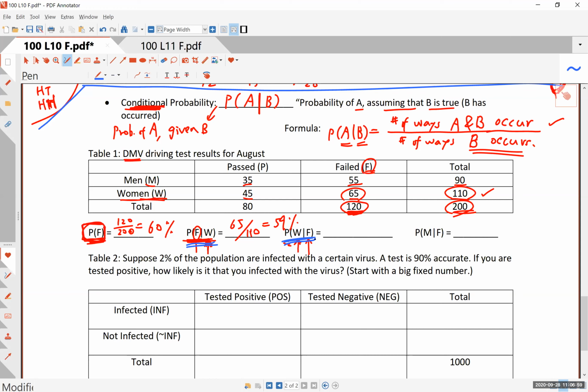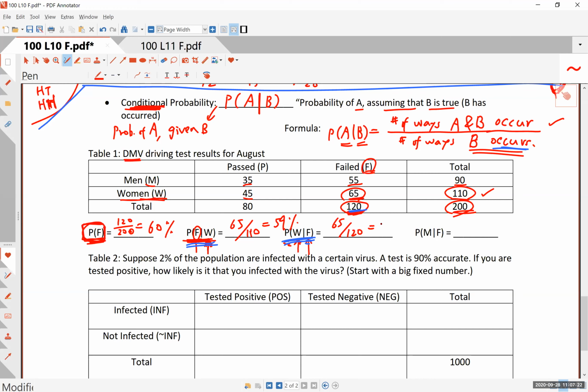So out of all the people who failed, that's the denominator now. Where do you find that? All the people who failed. That's right here, so that's what you have to have in the denominator. Of all the people who failed, 120, how many of them failed and were women? And the answer here is 65 in the numerator.